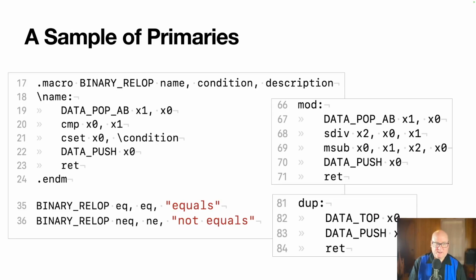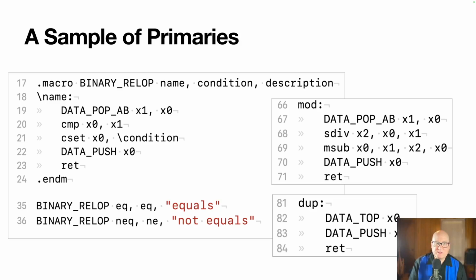So I just grabbed a semi-random piece of the primaries we worked on. The relational operators were also similar. We could just get by with a condition or a macro. So I made a binary rel op. It takes the name of the macro, a condition like EQ, and a description to explain what this macro is doing.